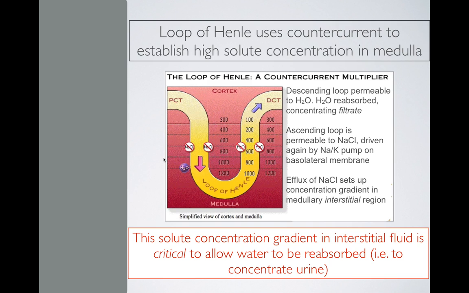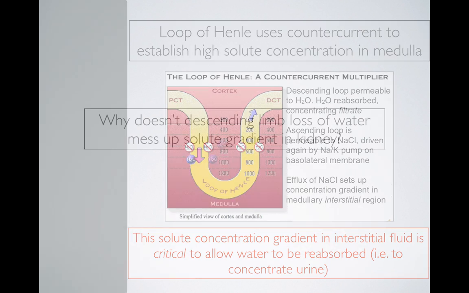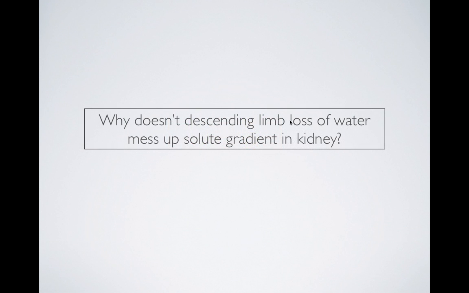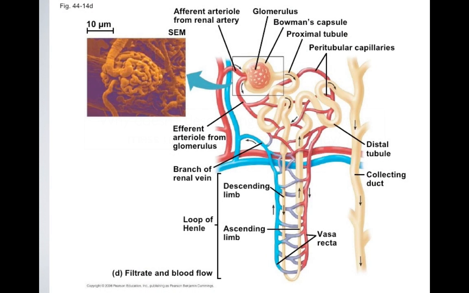Does that make sense? So essentially what we need to do is to somehow prevent this water that's being lost from messing up this gradient. So why doesn't the descending limb loss of water basically destroy the solute gradient in the interstitial space of the kidney? And here's why.